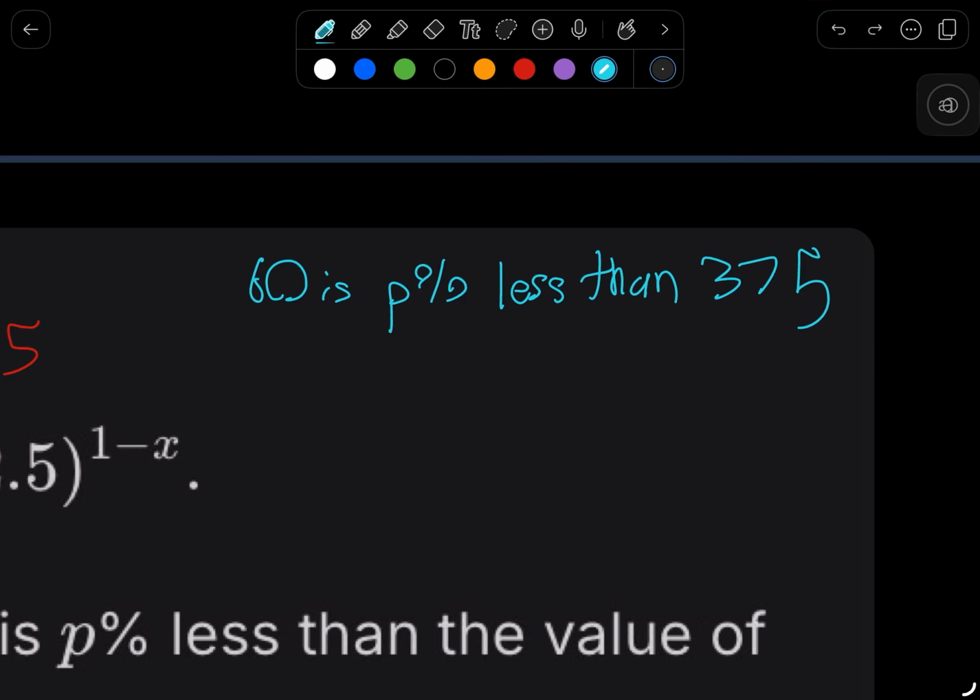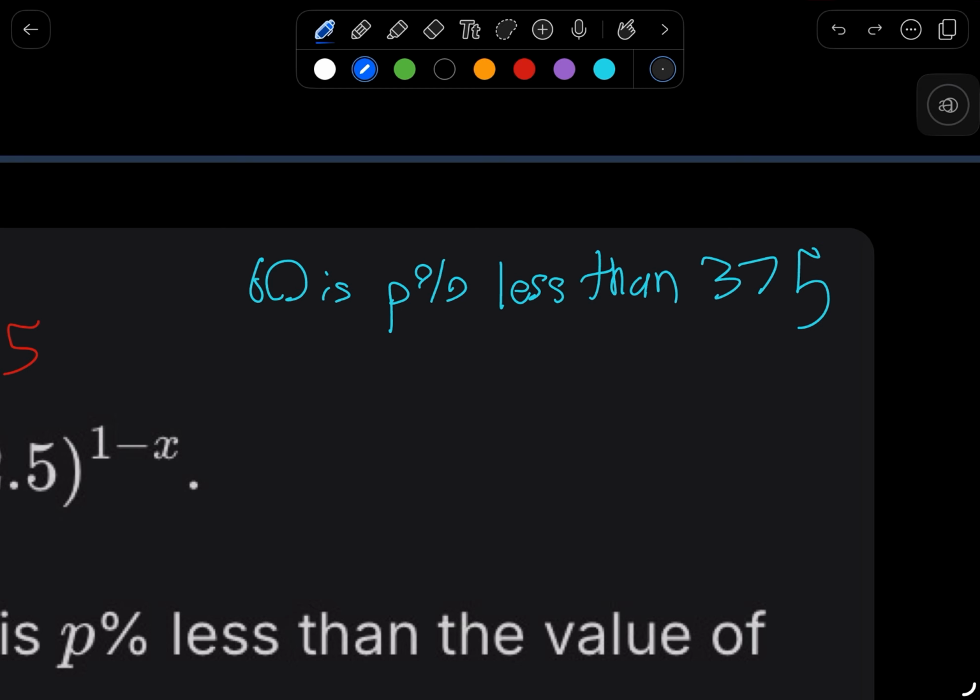I think the best way to think about it is, well, this has to do with percentages, right? So if you have this type of statement, right, with that less than, I guess you could think of it as a percent decrease, right?